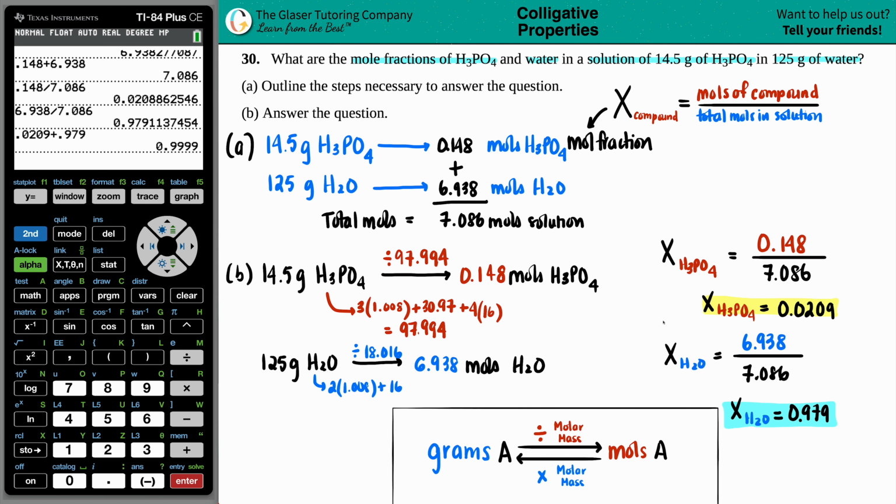Always, if you add up all your fractions together, they should equal 1, because that's equivalent to 100%. And that answers this question. So at the end, we had to find the moles for both, add the total moles up, and then for the last part for A, plug into the formula. But that's basically it.